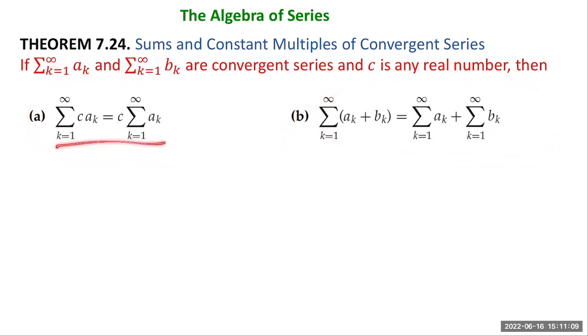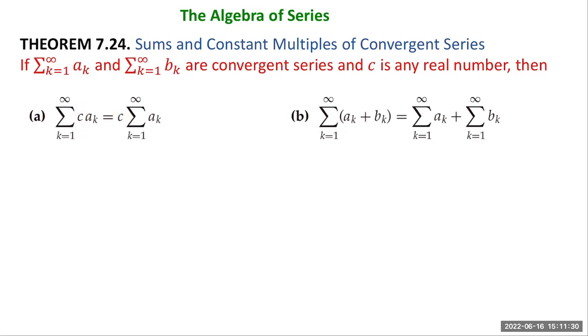The sum from k equals 1 to infinity of c times ak is equal to c times the sum from k equals 1 to infinity of ak. What it simply tells you is that if you have a constant multiple inside, you can pull that constant out.